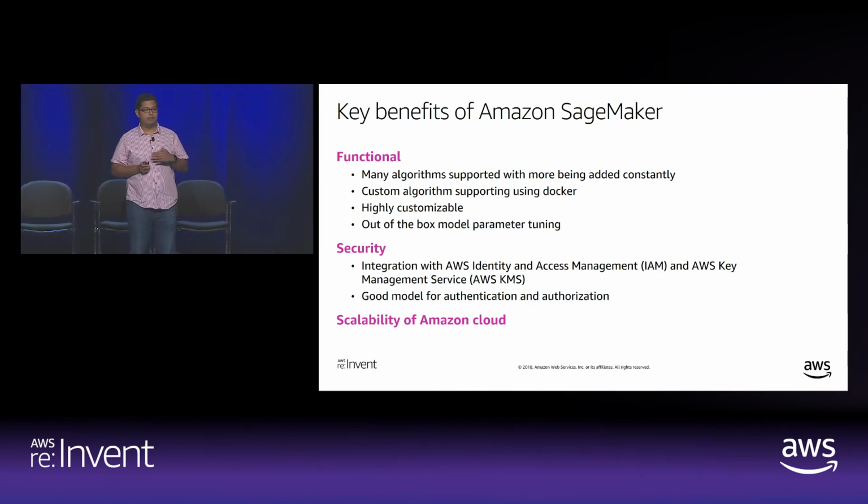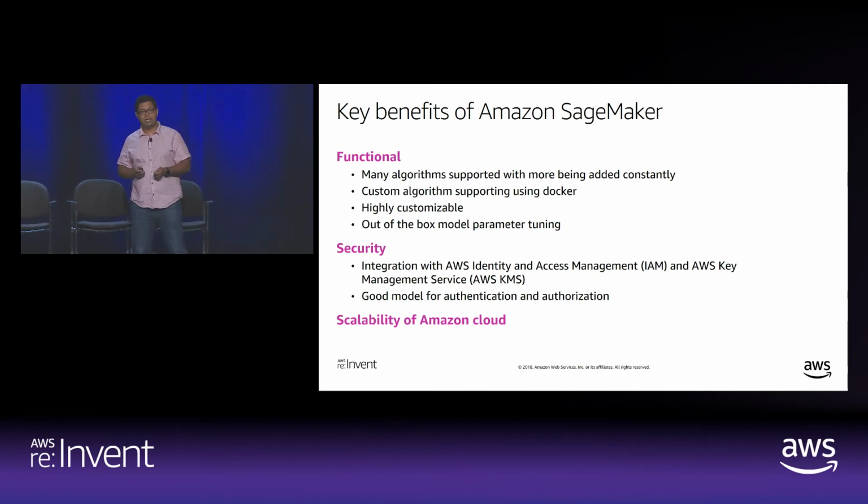So all of these are super cool and a good model for authentication and authorization. This is a feature of SageMaker plus another AWS service called KMS. On EMR, we use a lot of Hive for our data exploration, and we've figured out that you can actually integrate Hive on EMR with our Active Directory. So when a user logs in, we can track across all these systems which user is doing what action.